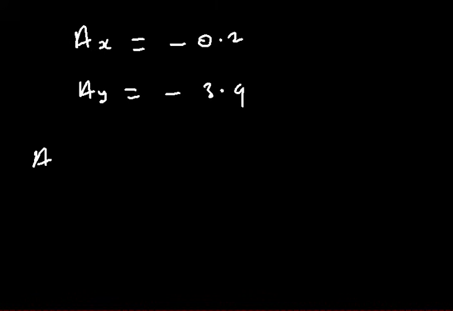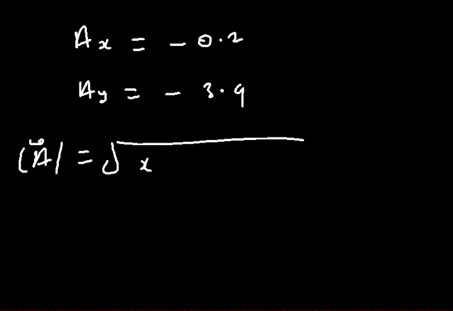Let's say we have a vector A with components ax, let's say -0.2, and ay, this is given as, let's say, negative 3.9. What is the magnitude as well as the direction? We'll have the magnitude of the vector A being given as the square root of ax squared plus ay squared.